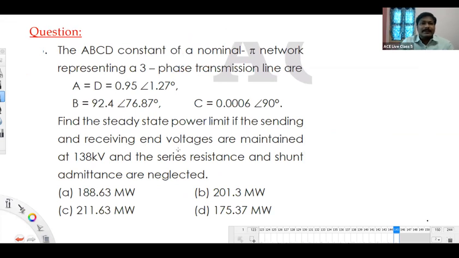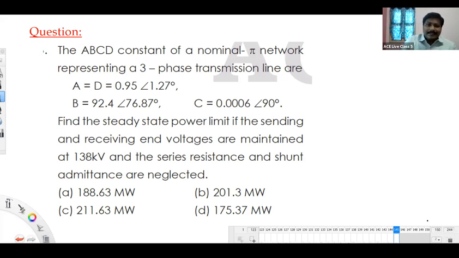The ABCD constants of a nominal pi network representing a three-phase transmission line are A equal to D equal to 0.95 at an angle 1.27 degree, B 92.4 at an angle 76.87 degree, C 0.0006 at an angle of 90 degrees.